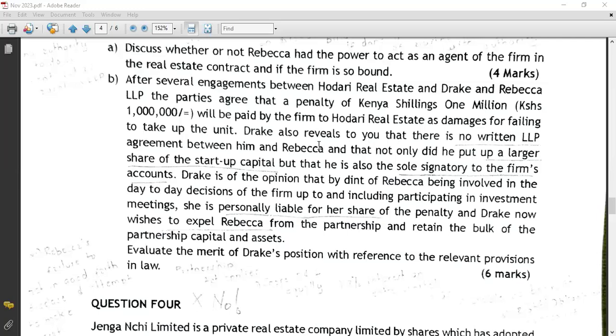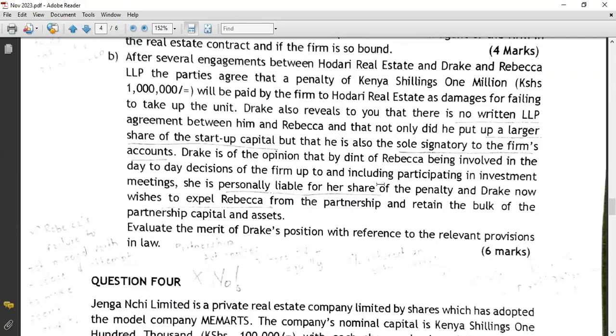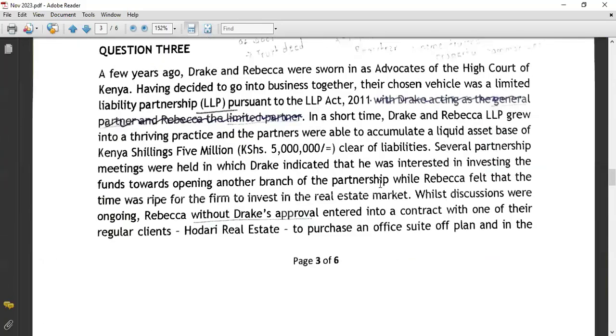Either you have a limited liability partnership, or the act applies, or where the limited liability partnership is silent on something, the LLP Act applies. But this one they haven't. So sorry, maybe I can't see the whole question. If you could go to the top. Does it say that the LLP is registered?